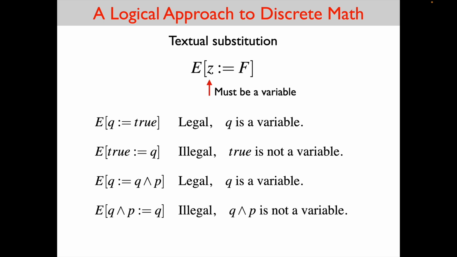Are you with me? So this one is illegal. All right, so these are some common pitfalls that you need to remember when you are first learning how to do these proofs. Okay, so always keep these examples in mind.